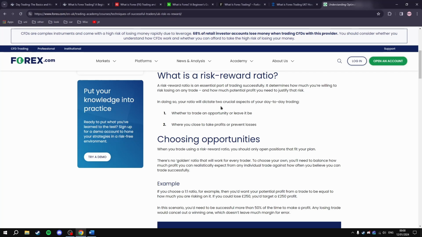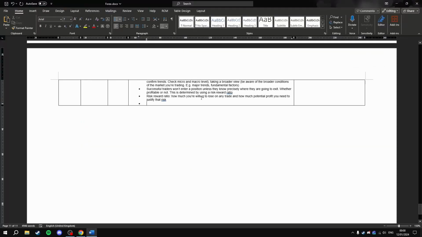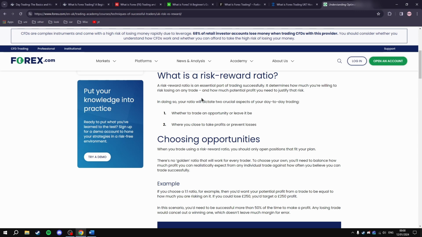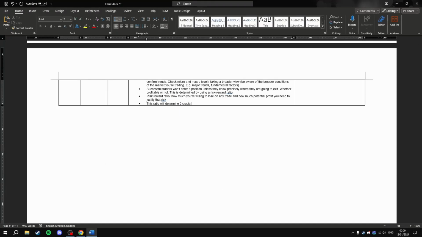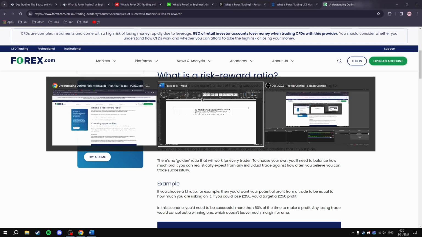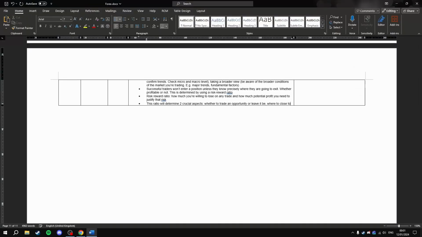In doing so, your ratio will dictate two crucial parts of your day-to-day trading: whether to trade an opportunity or leave it be, and where you close to take profits or prevent losses.